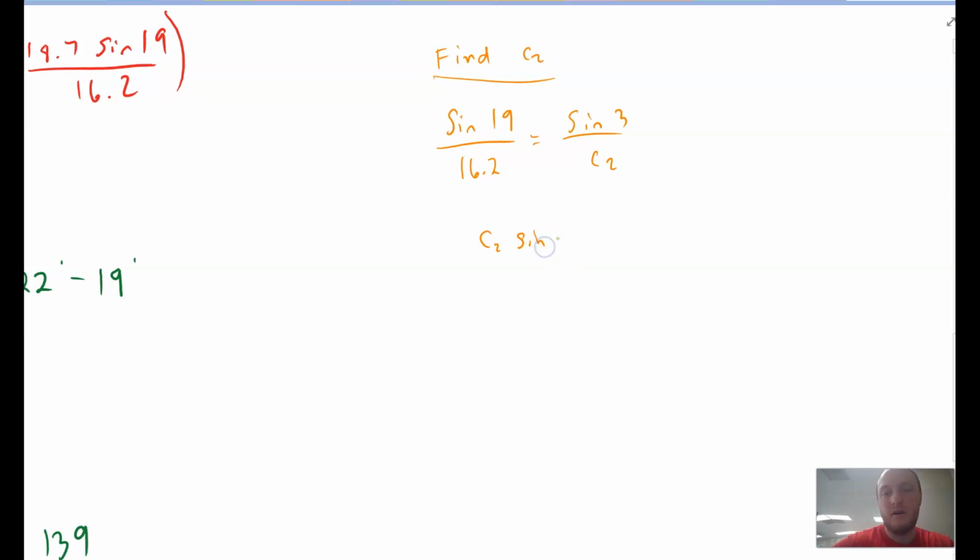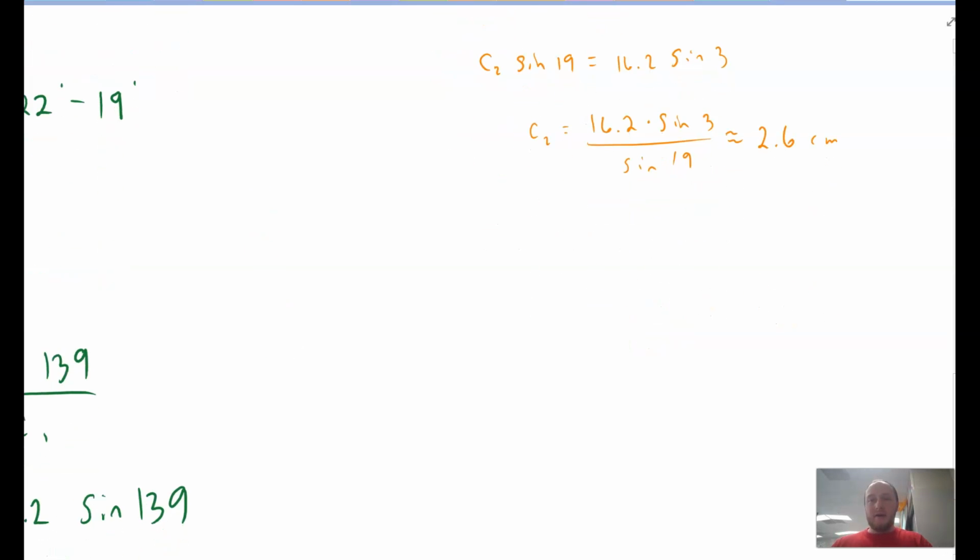C2 sine of 19 is equal to 16.2 sine of 3. And C2 is equal to 16.2 times sine of 3 degrees divided by sine of 19, which is approximately 2.6 centimeters. Hey, that's it.